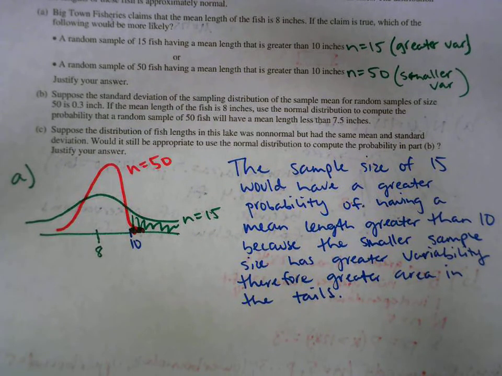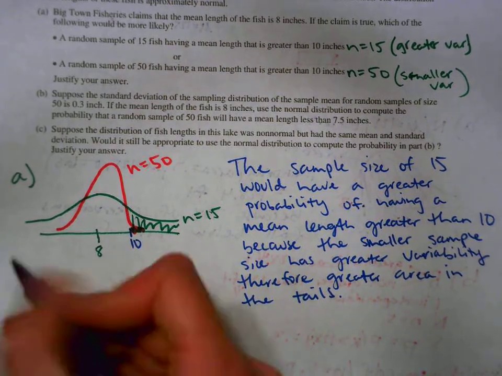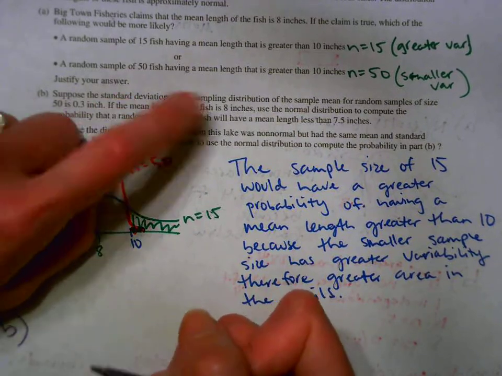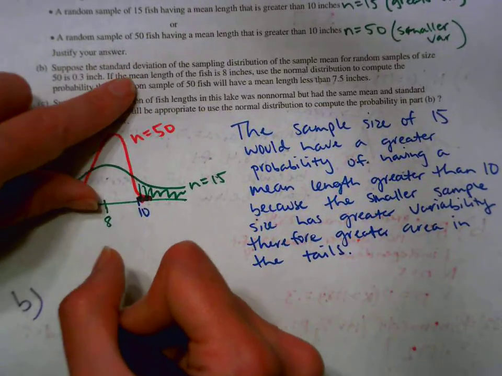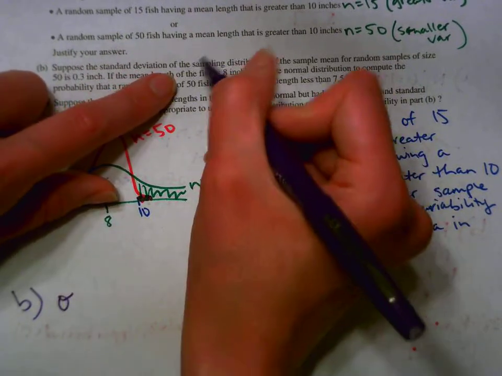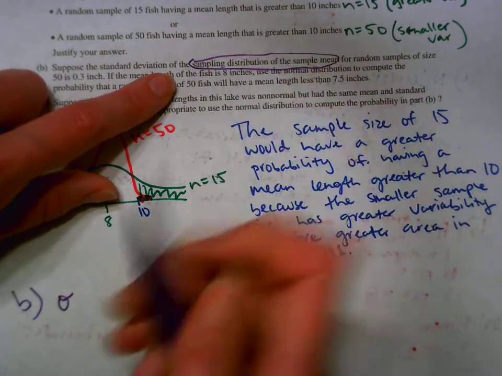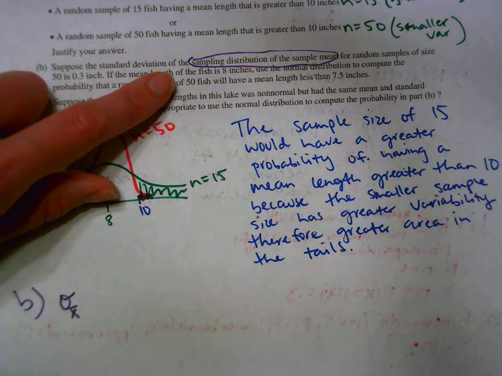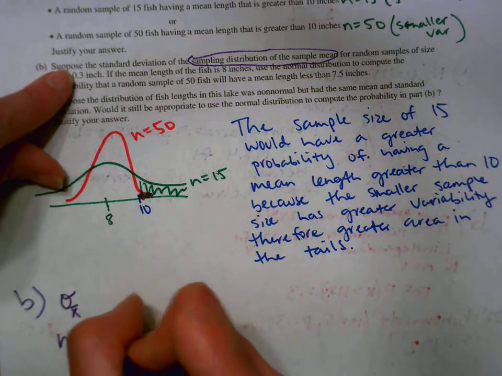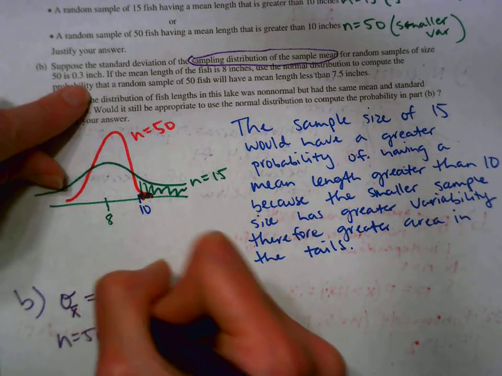So for part B, it says, suppose that the standard deviation of a sampling distribution of a sample mean of random samples of size 50 is 0.3. Okay, so right there, let's think about what that's saying before we even read any more. It says the standard deviation of the sampling distribution for a sample mean. So that's giving you the standard deviation of x bar for a random sample of size 50, which is 0.3.